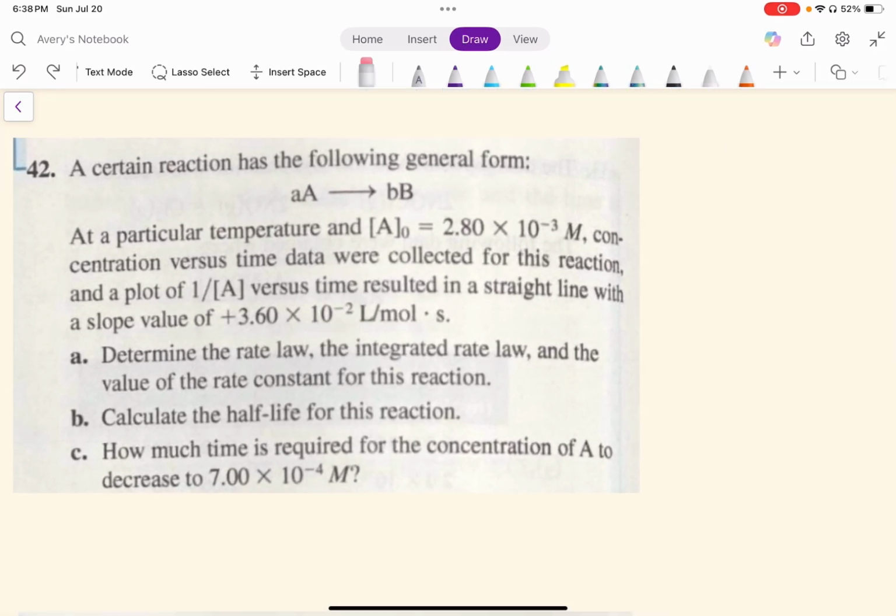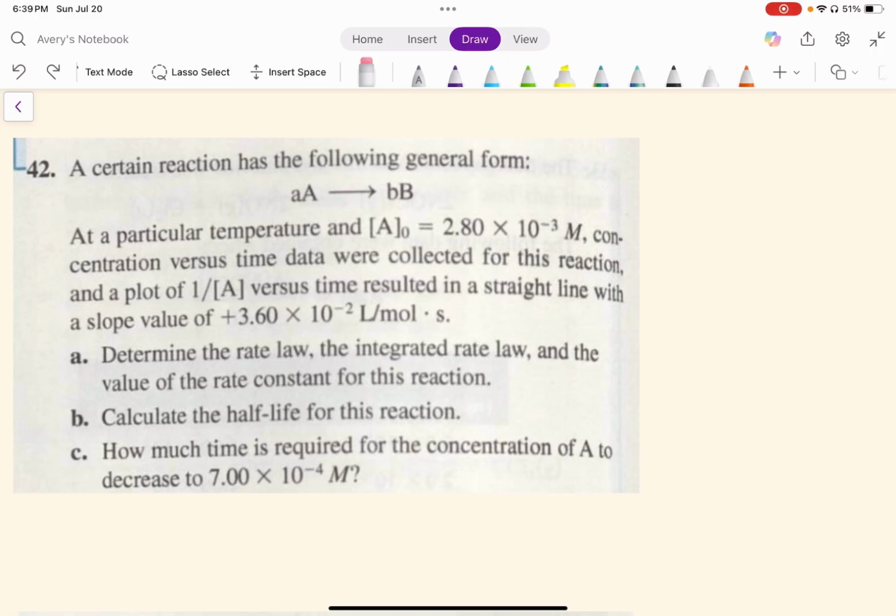42. A certain reaction has the following general form: coefficient A reacts and creates coefficient B. At a particular temperature, the initial concentration of A is equal to 2.8 times 10 to the power of negative 3 molarity.